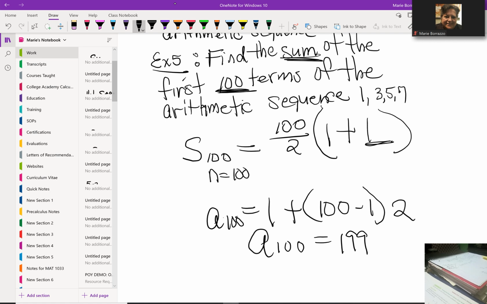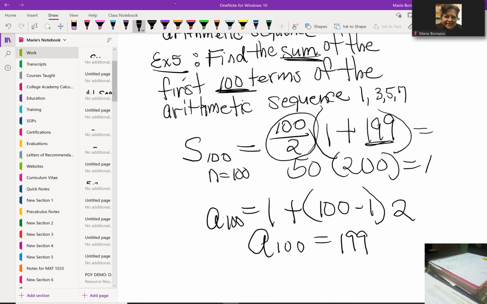So I'll put 199 here. And now using that, this is 50, which is what I get here, 50 times 200, and that's equal to 10,000. So my S sub 100, the sum of the first 100 terms, comes to 10,000, given that starting sequence. Don't forget that this actually ends with dot, dot, dot.